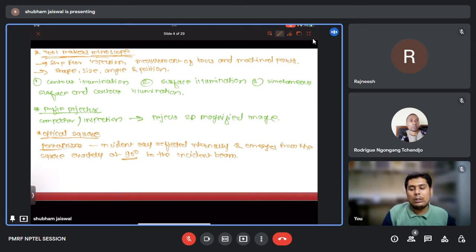Okay, so after this, we have seen the optical flats. After covering these optical measuring instruments, we have seen some scales, gratings, and reticles.